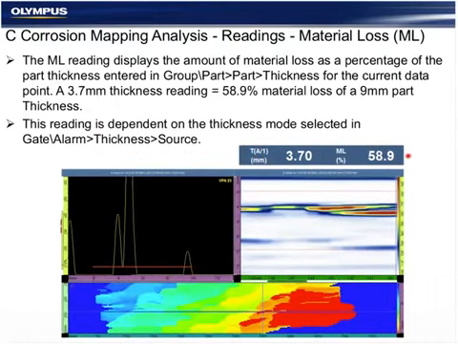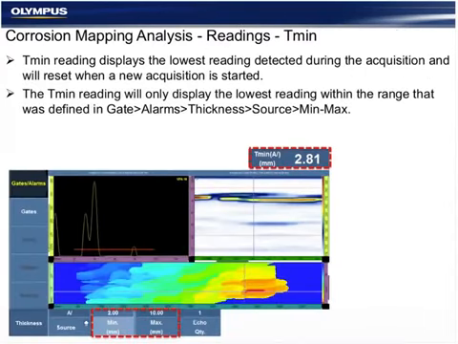Material loss is determined based on the thickness entered per the component. In this reading here of 3.7 millimeters, it is 58.9% loss from the 9 millimeter component. The T-min reading, again, is for the entire C-scan.